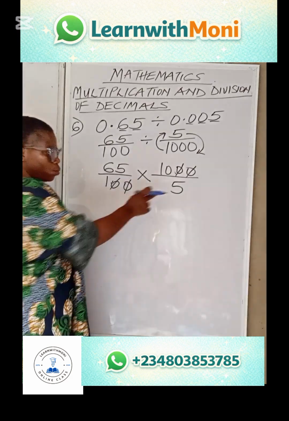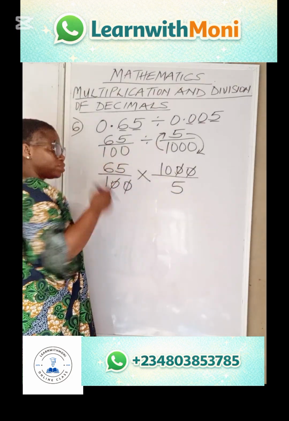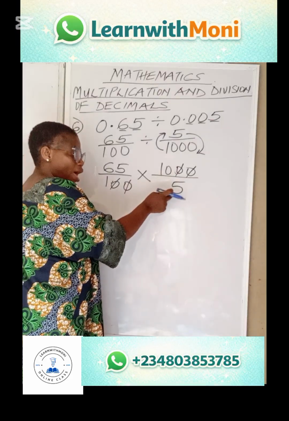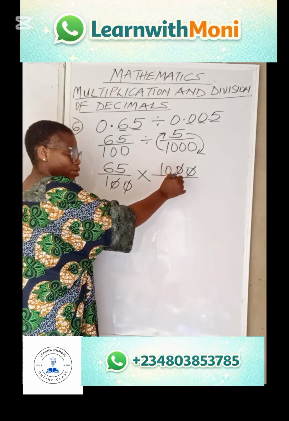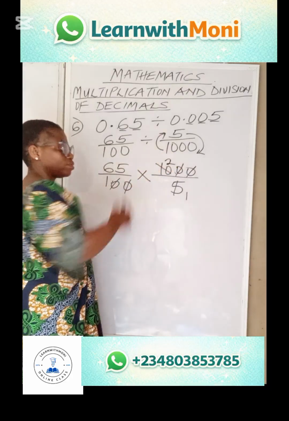That is done. We can also get 5 out of 10. We can also get 5 out of 65. I choose to say how many 5 do I have in 10. 5 divides 5 once, 5 divides 10 twice.